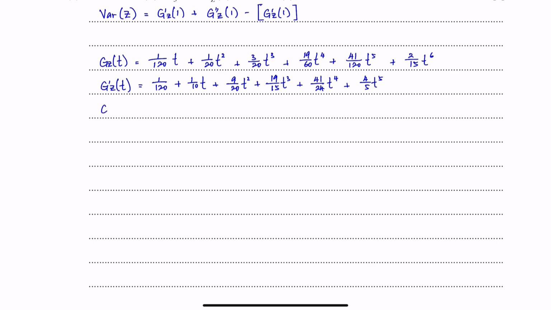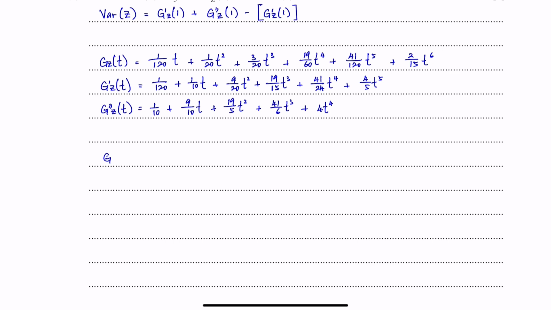And G prime prime t would be the differentiation of G prime t. So we have 1 over 10 plus 9 over 10 t plus 19 over 5 t squared plus 41 over 6 t cubed plus 4 t to the 4.